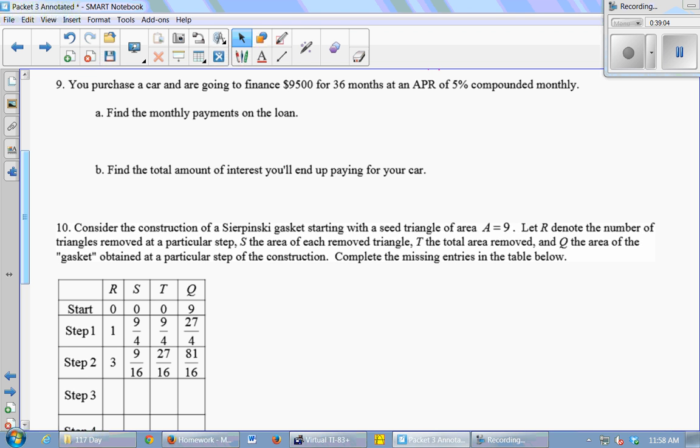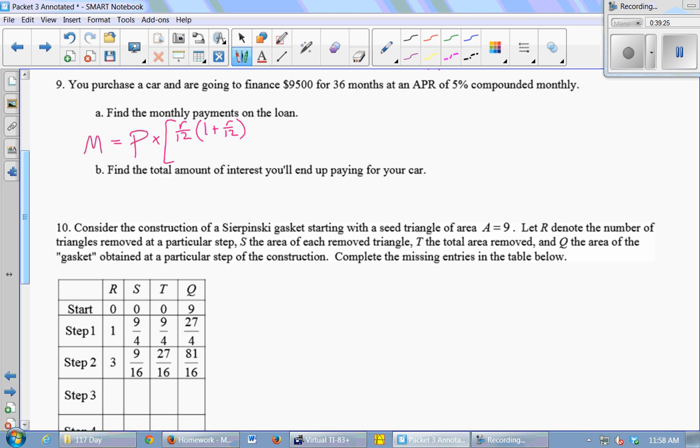So the formula for monthly payments starts with an M, for monthly payment. M equals P, which is the amount of money you're borrowing, times r over 12 times 1 plus r over 12 to the t, divided by 1 plus r over 12 to the t minus 1.